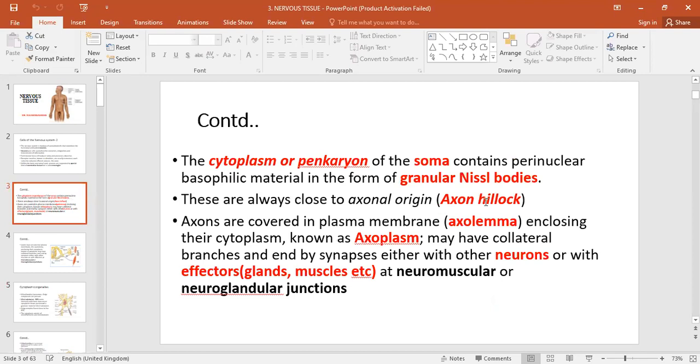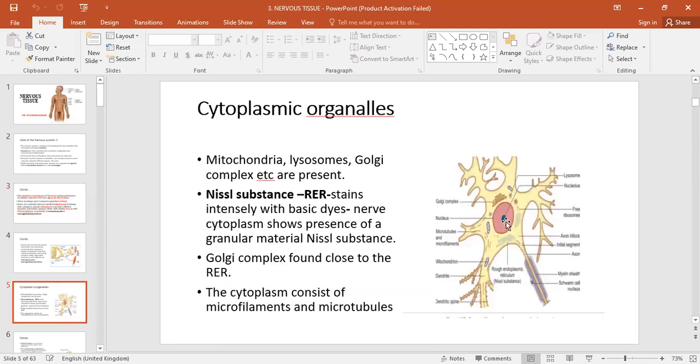And we find that this is the area where we find the highest concentration of rough endoplasmic reticulum, as we can see in this diagram. So the Nissl substances or Nissl bodies are closer to the origin of the axon.